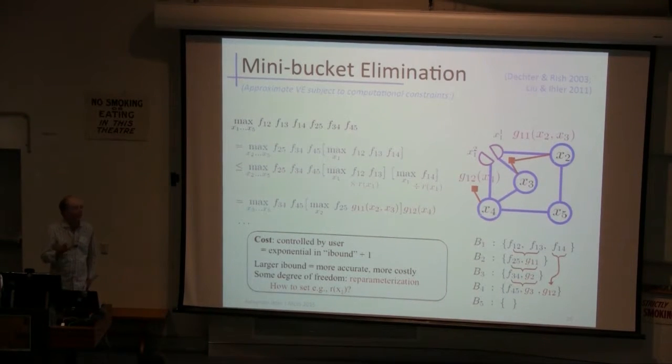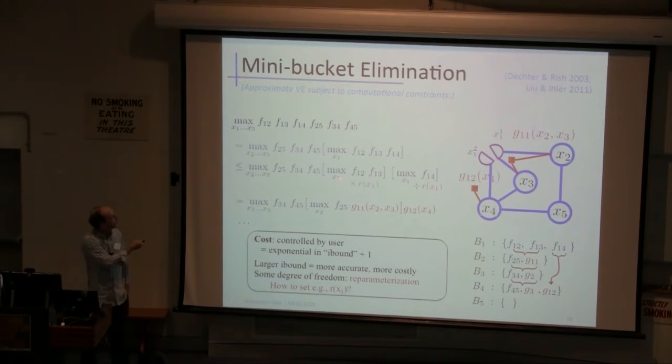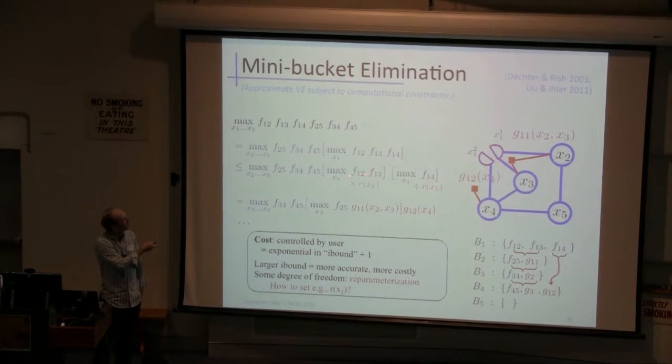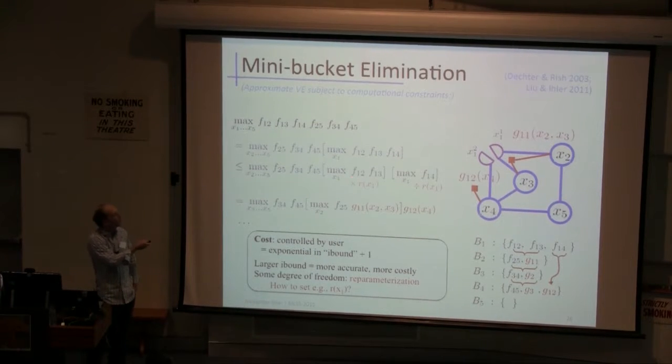There's also a degree of freedom. So I mentioned this reparameterization process. Once I'm treating this product of factors separately in two different mini buckets, I have the freedom to change how those factors are represented using this reparameterization trick.